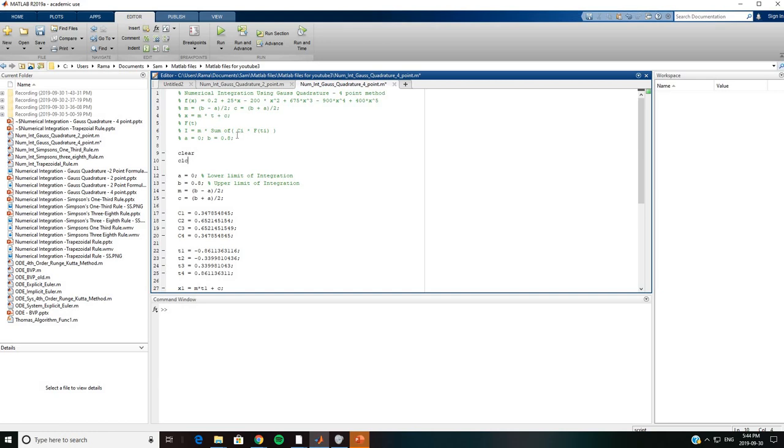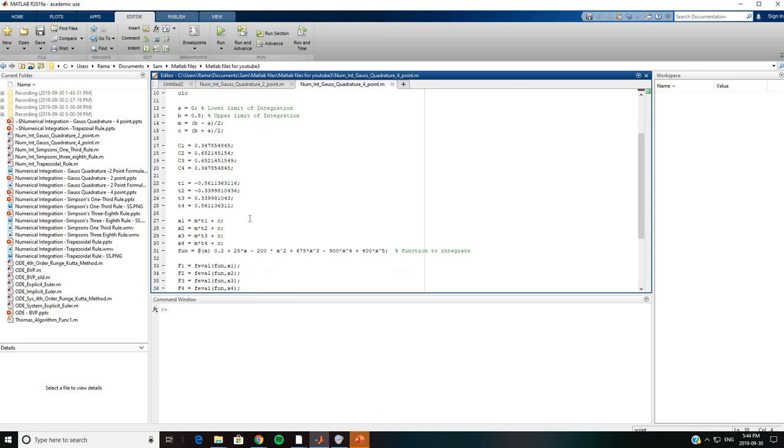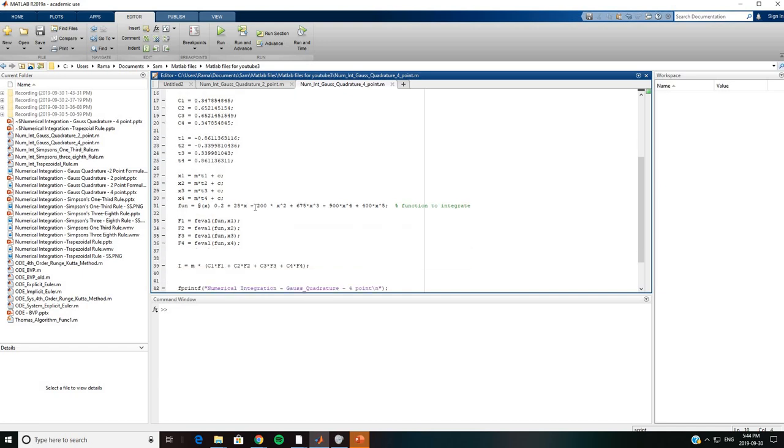And the Gauss Quadrature formula is here: I equals m times the sum of c_i times F of t_i. The limits are a equals 0 and b equals 0.8. The constants C1 to C4 are given, as well as the Gauss Quadrature points T1 to T4.